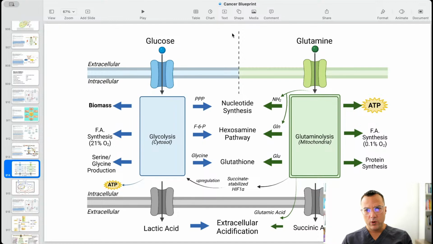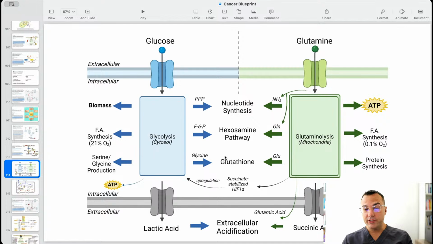And we've covered this ad nauseam, things that inhibit either glutamine uptake or glutamine utilization. Here we've touched on how glutamine is at least partially responsible for making new DNA and RNA, and fatty acids through citrate, and other proteins and other amino acids. We've touched on how glutamine is fermented to succinic acid, which is the other big part of the extracellular acidification process.